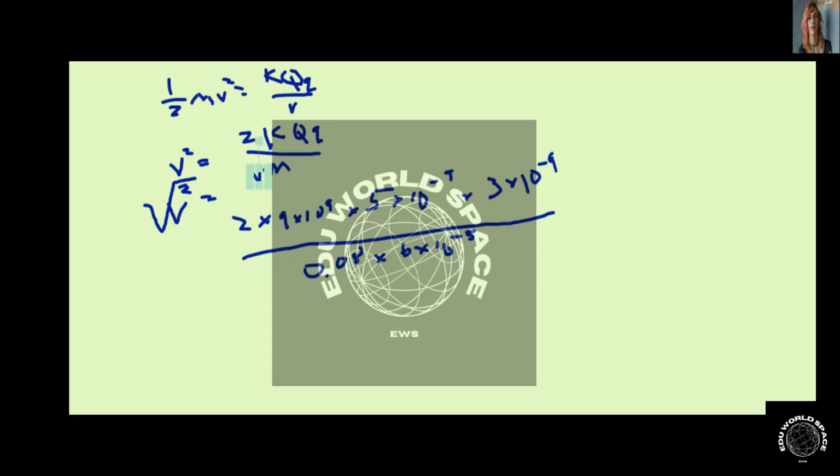Now all we need to do is square root both sides, since it's velocity squared. So if you square root both sides, we're going to get the answer. If you plug this into our calculator, we're going to find out that the velocity is equal to 150 meters per second. And that's it for this one.